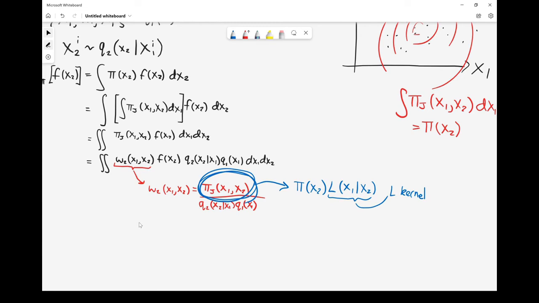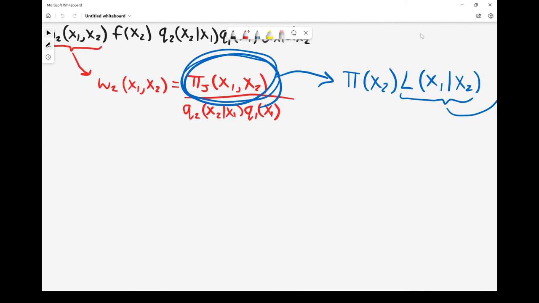And that means that we can pick that joint distribution so long as it has this property here, and we're going to define it as pi of x2 multiplied by this L-kernel, where the L-kernel is ours to choose. It's a probability distribution, but we get to choose what it is, and as we'll see later, it actually has quite a serious impact on how the algorithm performs.